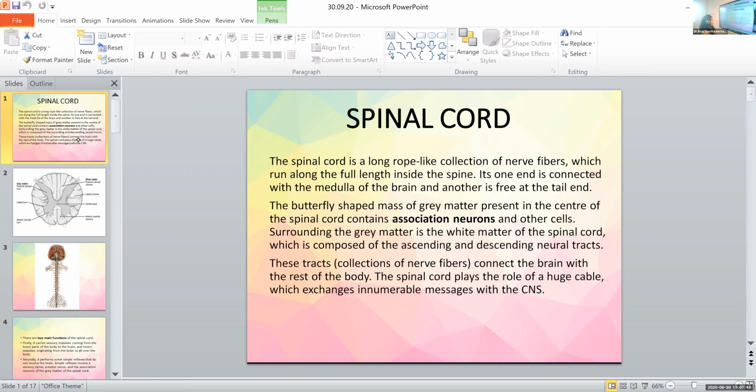So the butterfly-shaped mass of gray matter present in the center of the spinal cord contains association neurons. Association neurons, also known as interneurons, are just for connection purposes, for associating different areas. And surrounding the gray matter is the white matter of the spinal cord, which has the ascending and descending neural tracts.